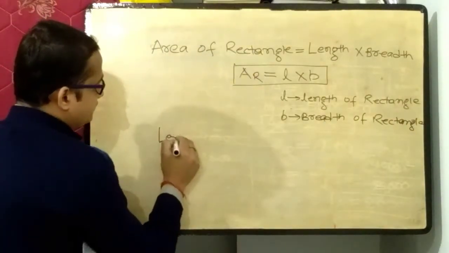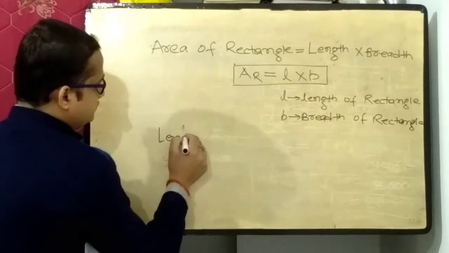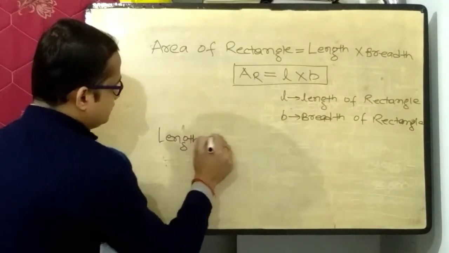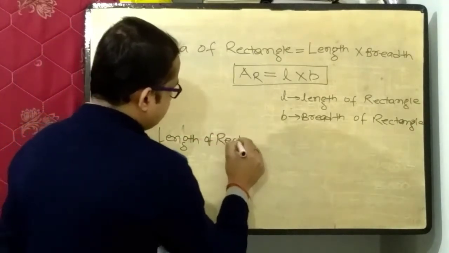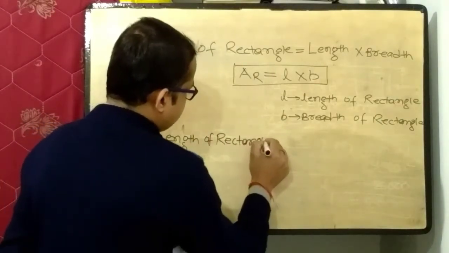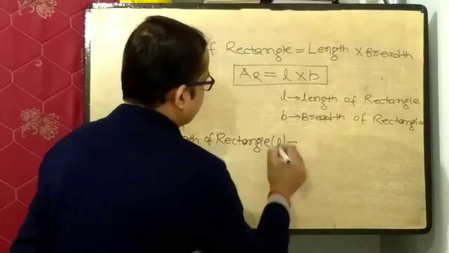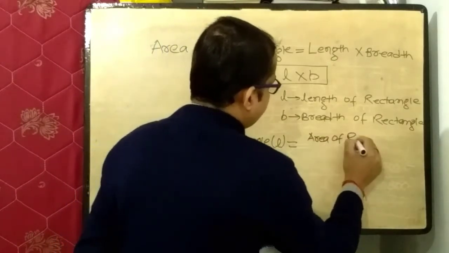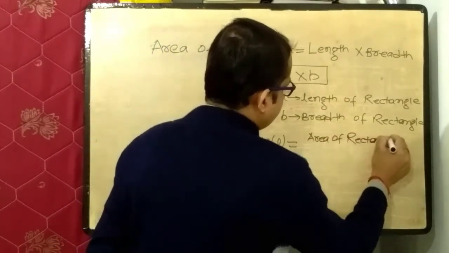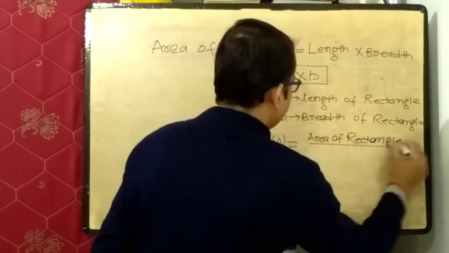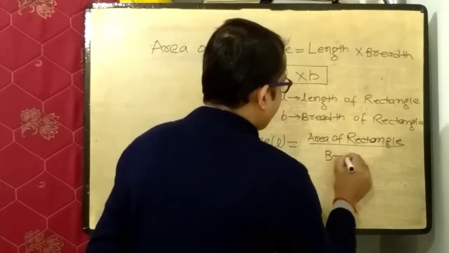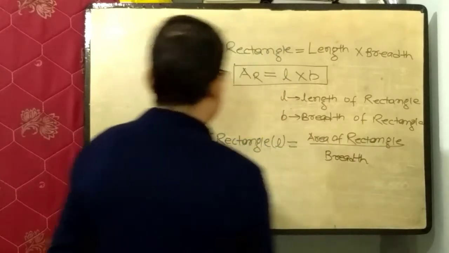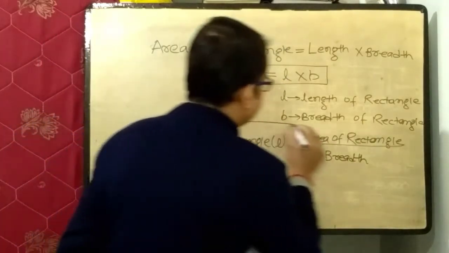Length of rectangle, small l, equals area of rectangle divided by breadth. This is the second formula.